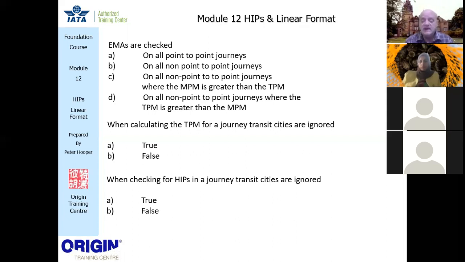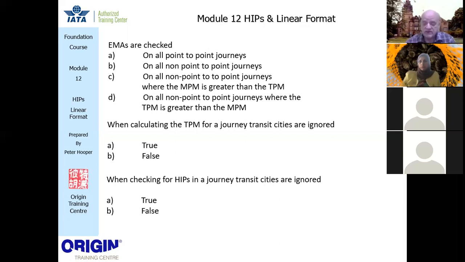Okay, what does the EMA do? It reduces the miles you're flying. You get a special discount. But if you're already flying less than the maximum, it doesn't make any difference, does it? No. So here's the important point.